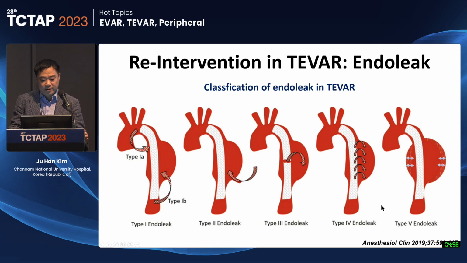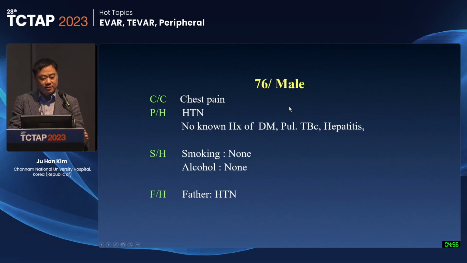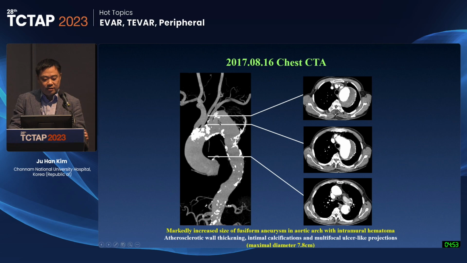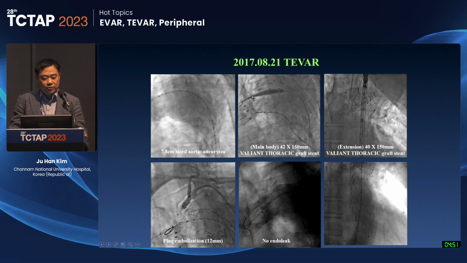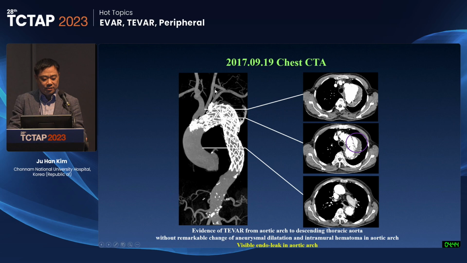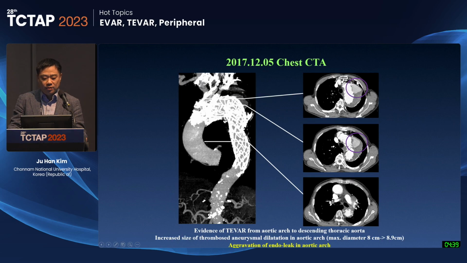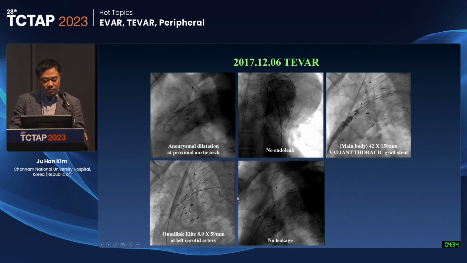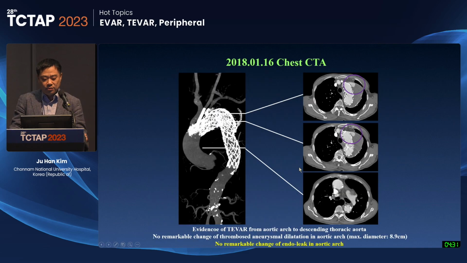First is endoleak. This is a 76-year-old male patient. The aneurysm developed, so we did the TEVAR procedure with debranching and plug. After 1 year, a type 1A endoleak developed, so we did the extension to the proximal region with the chimney technique. At follow-up there was a mild type 1 endoleak, but we recommended observation.